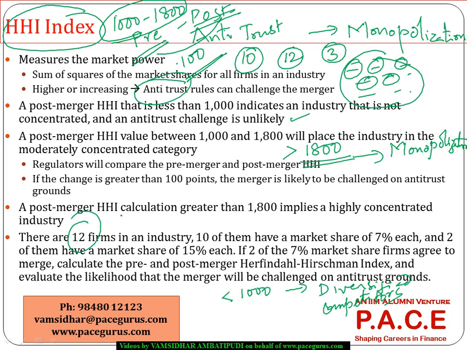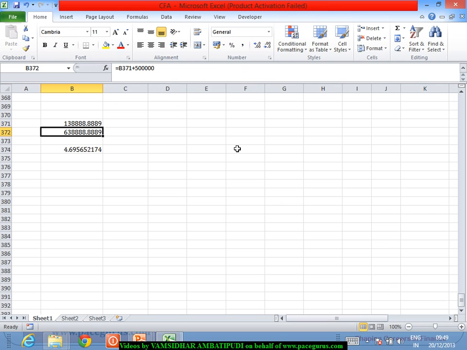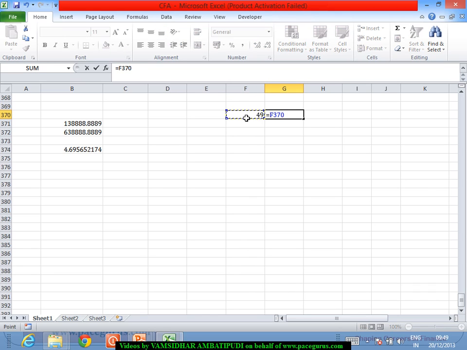There are 12 firms in the industry. 10 of them have a market share of 7% each. 2 of them have a market share of 15% each. So overall 10 into 7 is 70 and 15 into 2 is 30. So what is the overall HHI there? 7 squared is 49 and this 49 is exhibited by 10 firms.